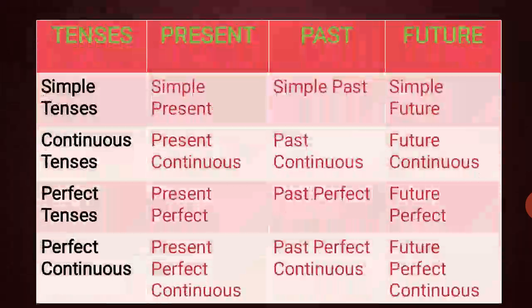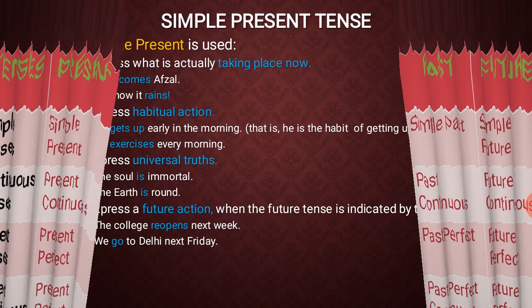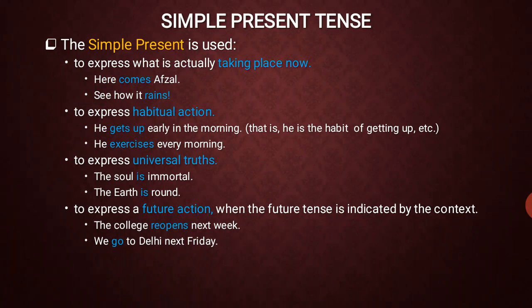Past tense: simple past tense, past continuous tense, past perfect tense, and past perfect continuous tense. Future tense: simple future tense, future continuous tense, future perfect tense, future perfect continuous tense. So they are categorized into 12 kinds. There are 12 kinds of tenses.